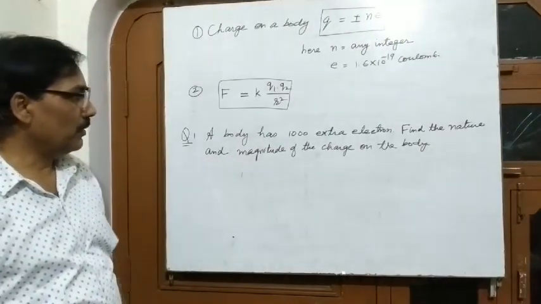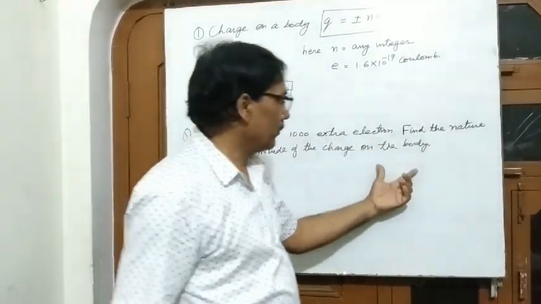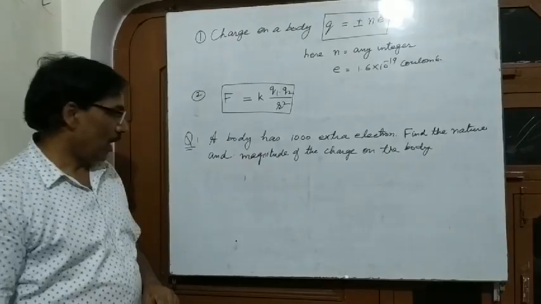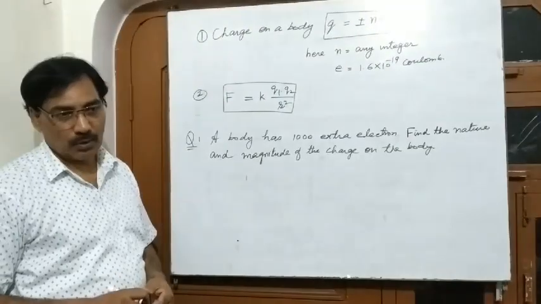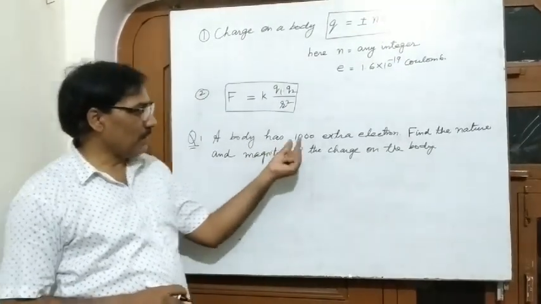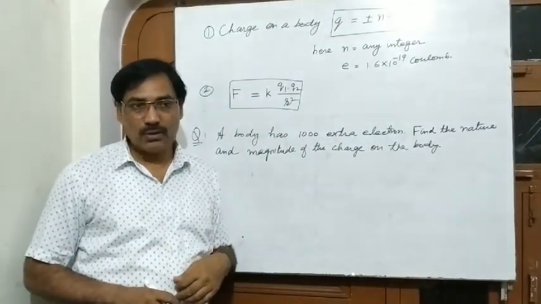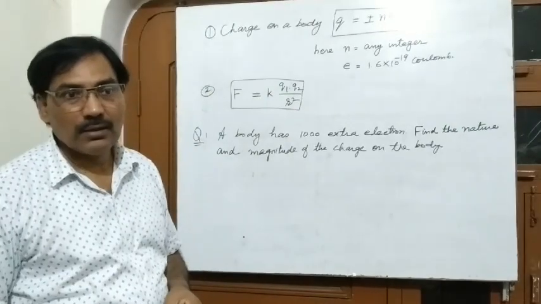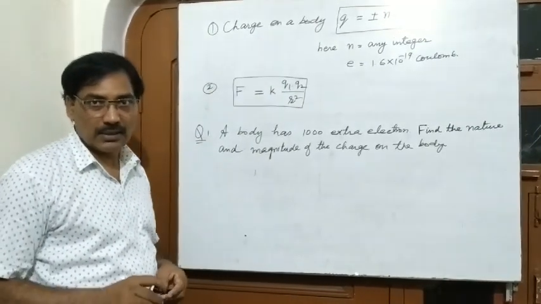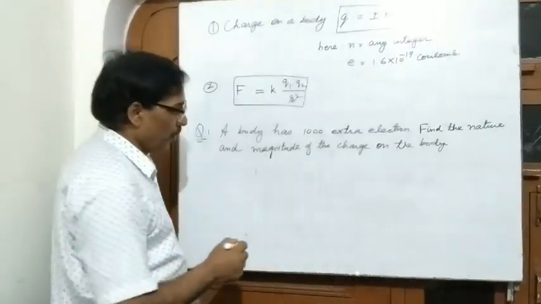The body has 1000 extra electrons. Find the nature and magnitude of the charge on the body. Now the body has gained electrons, so the nature of the charge will be negative.